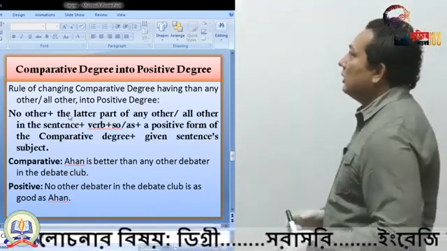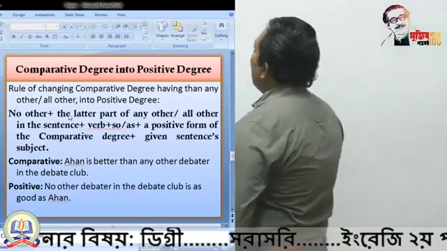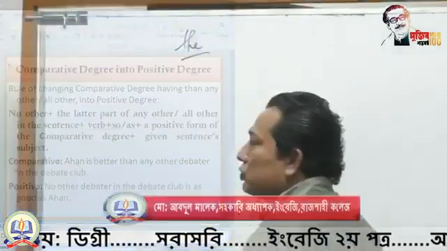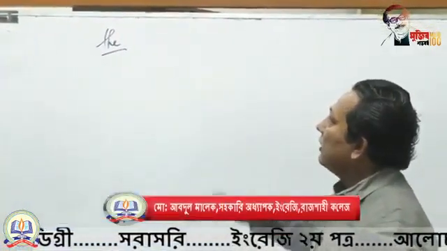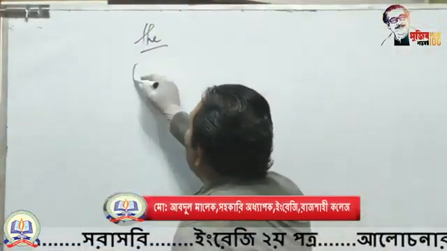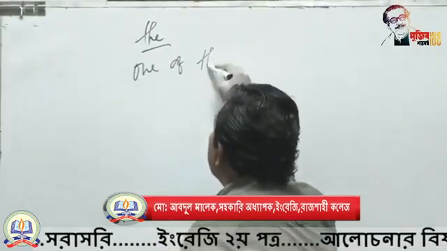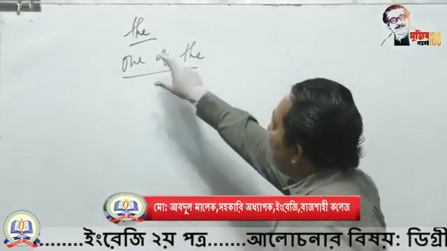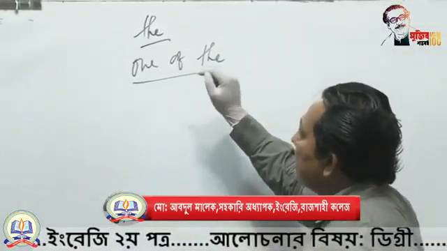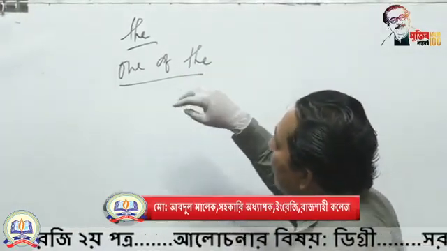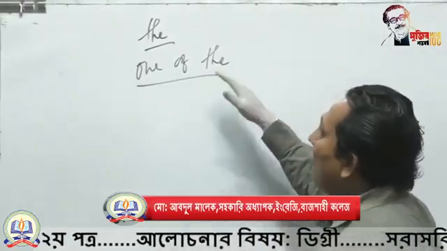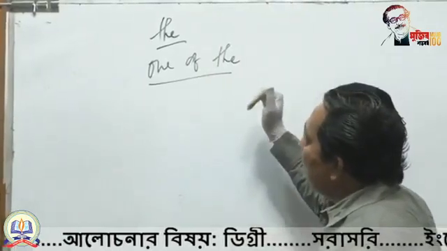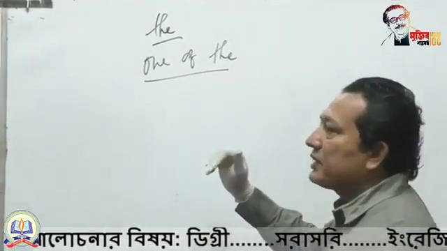Just follow some very fundamental structure from superlative to positive. Actually, we have found the superlative degree is started with "the," and then we have also found "one of the." So in these two ways, if you find superlative degree, you will find it either by using "the" or "one of the." So if you get "the" and if you get "one of the," the positive form will not be the same.